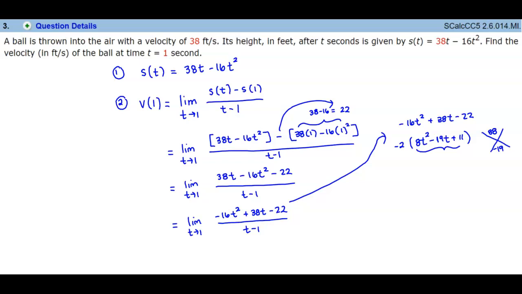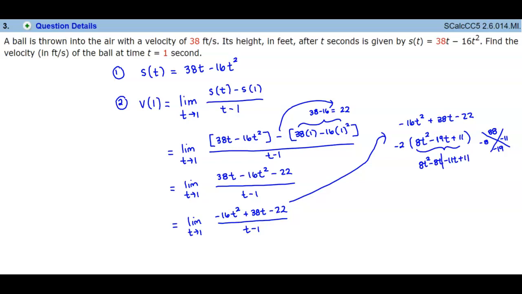Well, you can see here that negative 8 times negative 11 is going to give us positive 88. When we add them together it's going to give us negative 19. So we have 8t squared minus 8t, and then minus 11t plus 11.